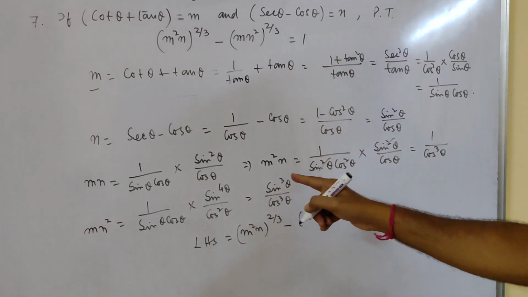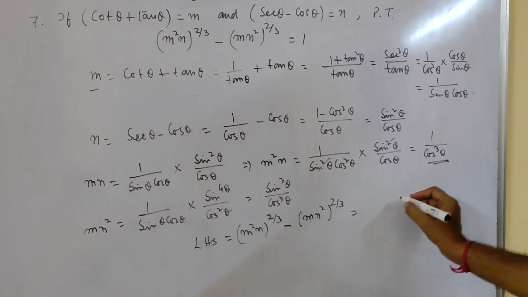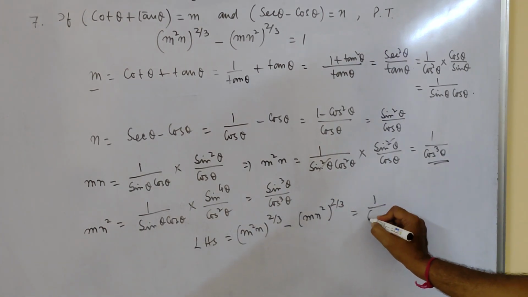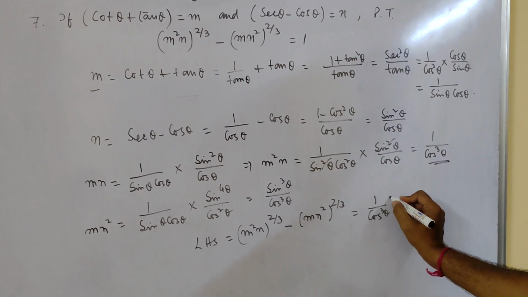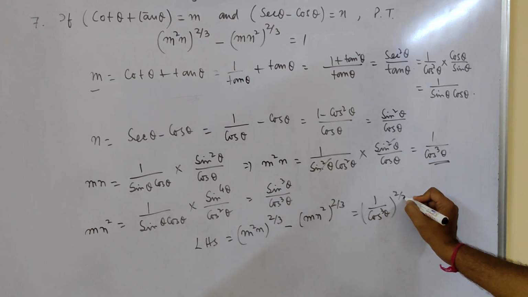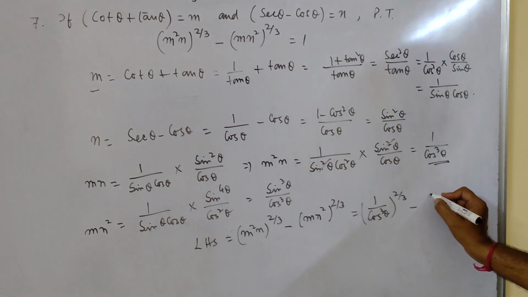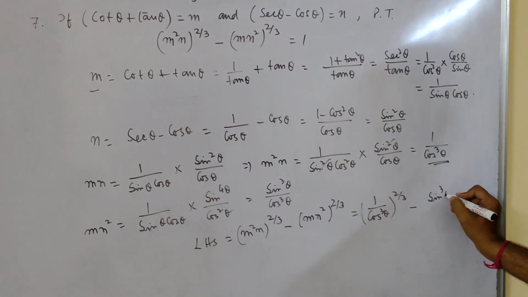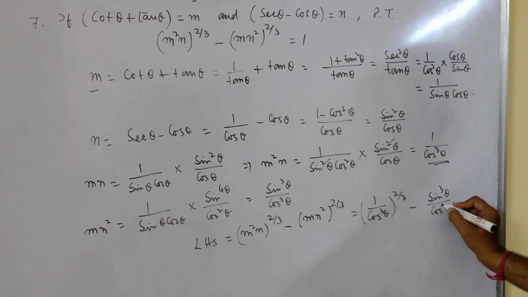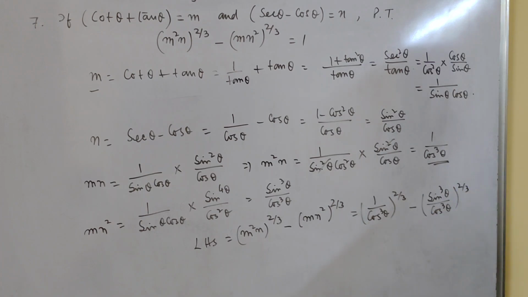So m square n is 1 upon cos cube theta whole to the power 2 by 3, minus m n square, sin cube theta by cos cube theta, whole to the power 2 by 3.